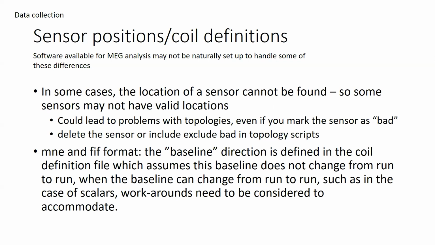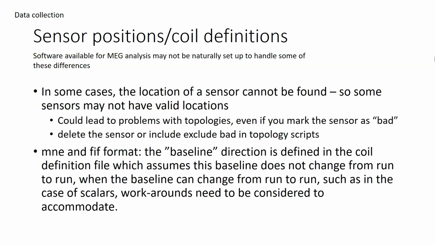Also, the MNE FIF format has this concept of a baseline direction in the coil definition. That baseline direction is basically the orientation that you want to do the dot product of the magnetic field vector with, so that you know which direction the field is actually being sensed. And that's all well and good if the baseline is something that's fixed.